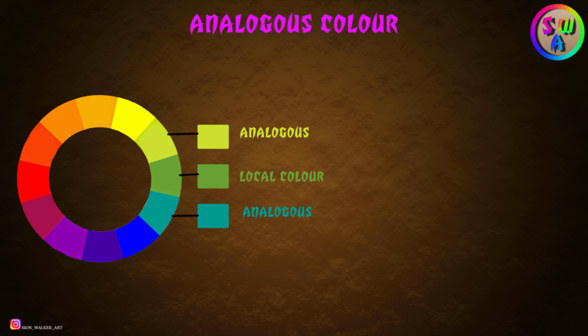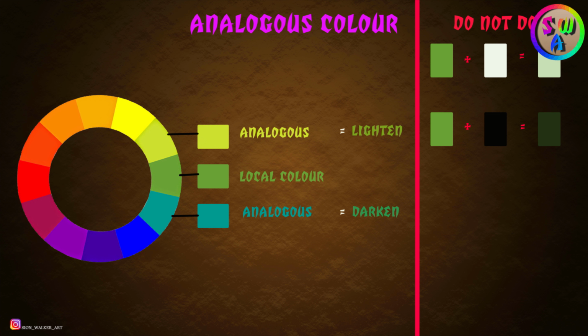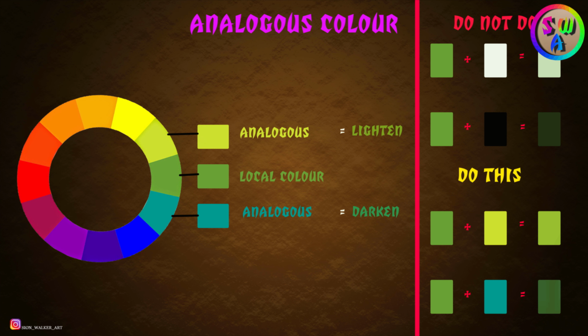Artists will use these two analogous colours to either brighten or darken a local colour, rather than use white or black, because using white or black changes the tint as well as the value. Using analogous colours keeps the chroma level high and stops any dulling effect. So for this example we can say take the colour green, add yellow to it and that will lighten the green. And to darken it, add blue to the green and that will darken it.